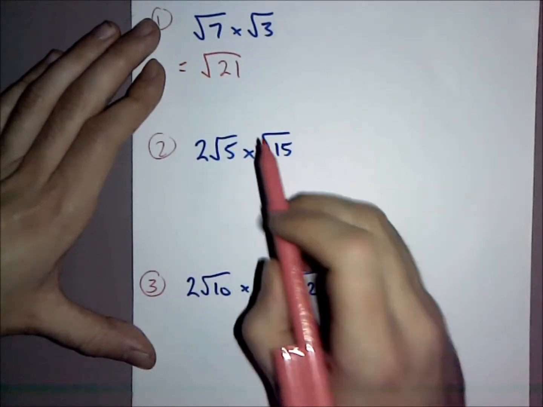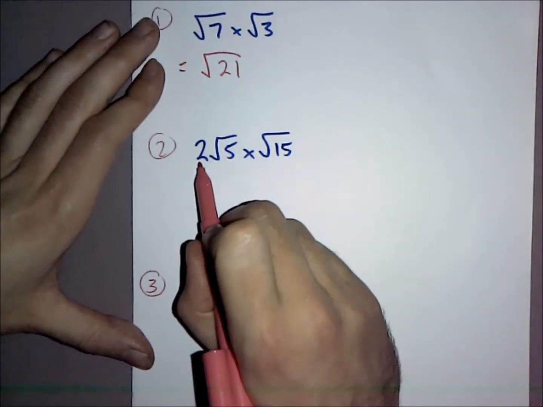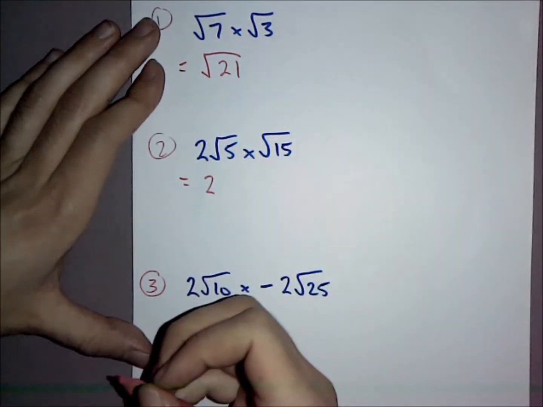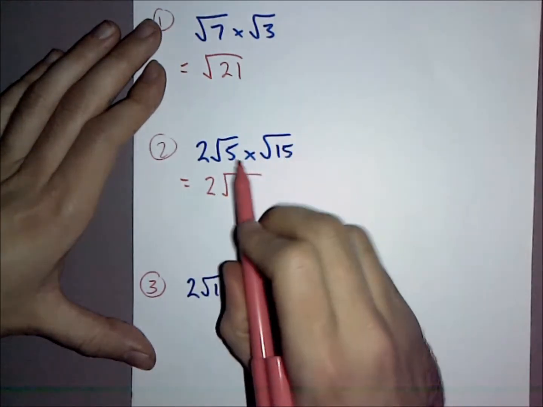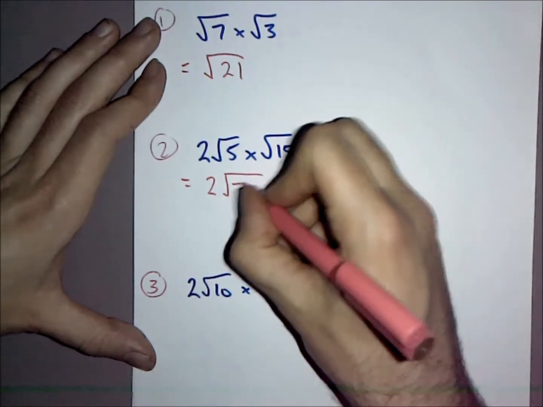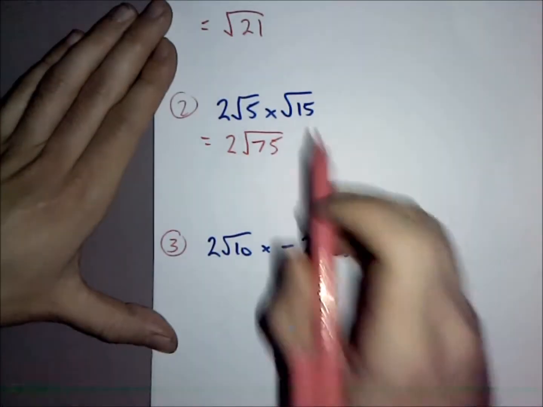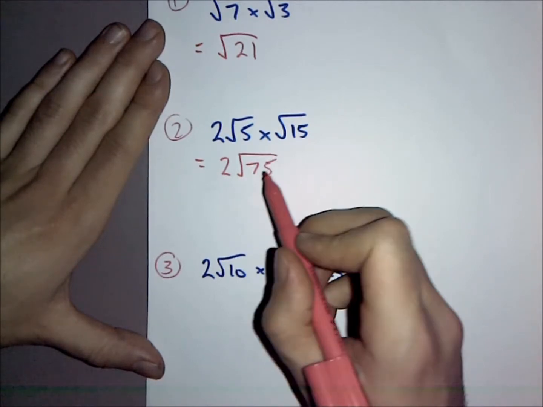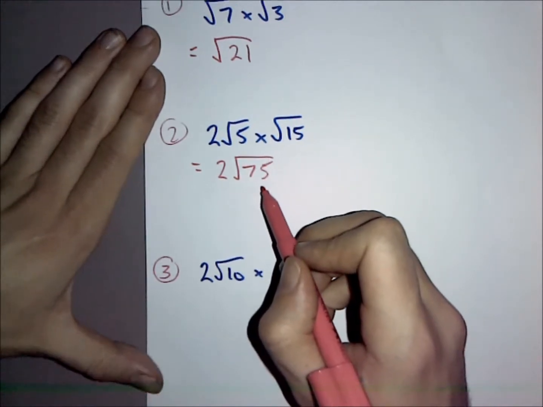The next one, sometimes we're going to have coefficients. So multiply coefficients first. So 2 times 1 is just 2, and then we'll deal with the actual surd. So 5 times 15 is going to give us 75. And then we've just got to check and see if this can be simplified. So I can break 75 up into a square number, because I can change that to 25 times 3.